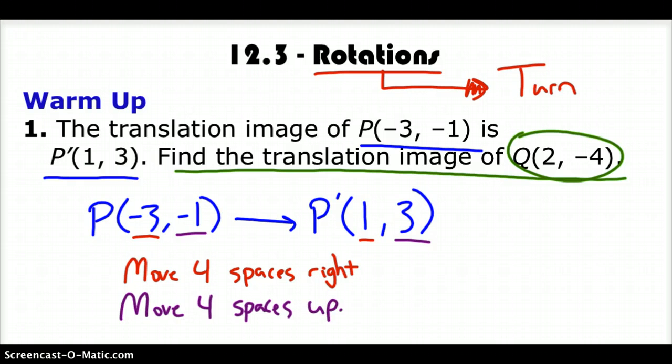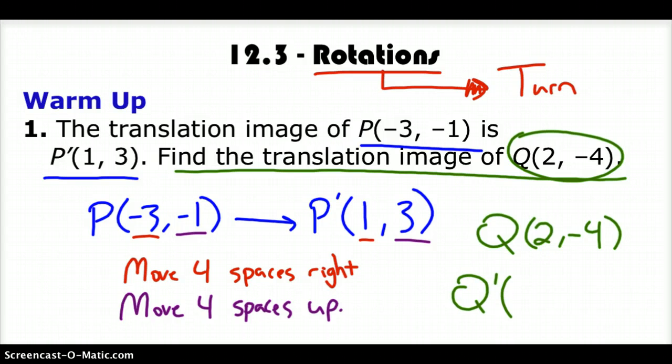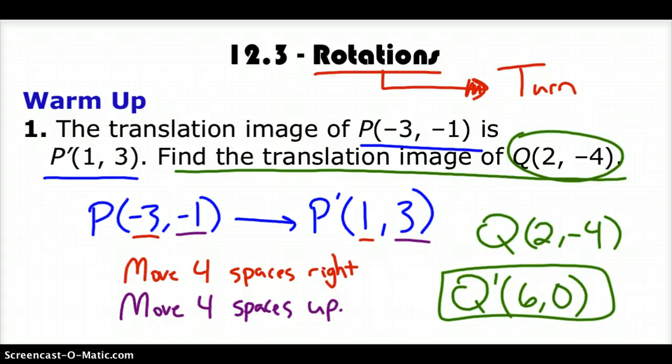Okay, and so really if we take this pre-image of Q now, and we follow those rules that we just stated, we're going to move 4 spaces to the right and 4 spaces up. So that would mean that Q prime, or the point Q in our image, is just going to be the point 6, and -4 + 4 would be 0. Okay, and so there is Q prime there, our image for Q.